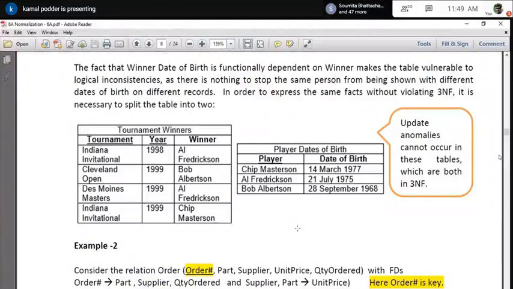In most cases, after achieving the first normal form, if you see that the table does not contain any composite key at all, it has automatically reached the second normal form. Until and unless there is a composite key, there is no question of a non-prime column depending upon a part of the key.